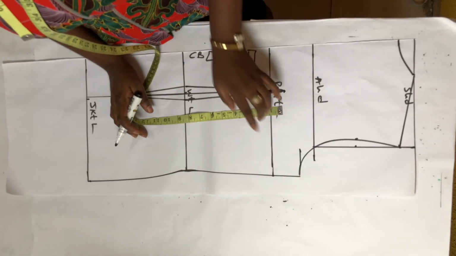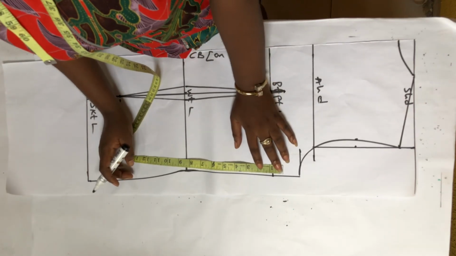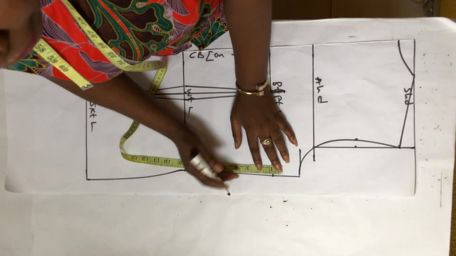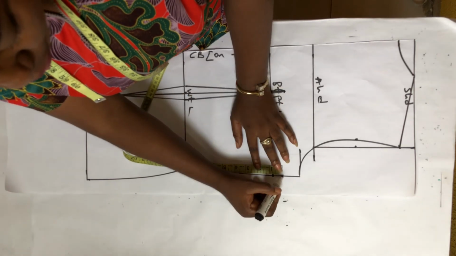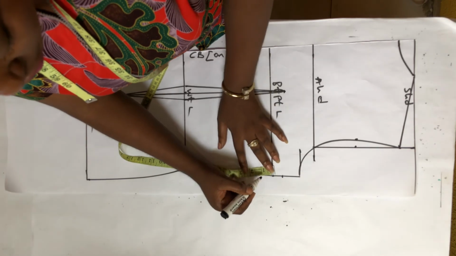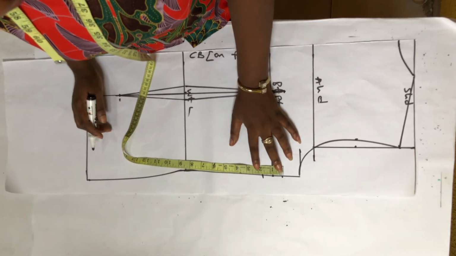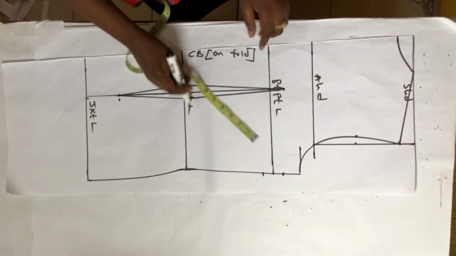Remember, for the side dart at the front, I used 1.5. So I'm going to mark where my side dart for the front is. I'll mark it on the back. The 1.5, I'll divide it into 2. I'm going to have a 0.75 on this side, a 0.75 on the other side. I'll do the same here.